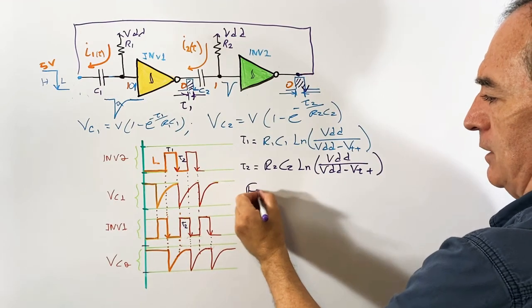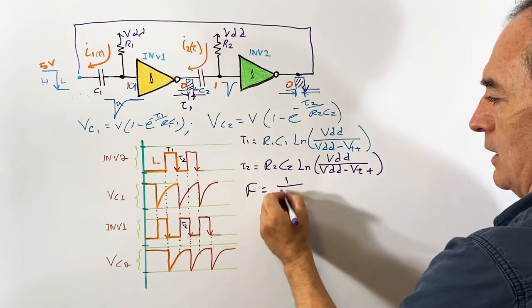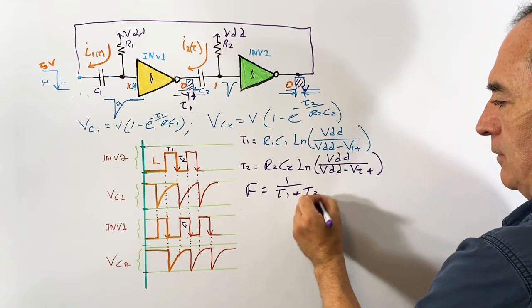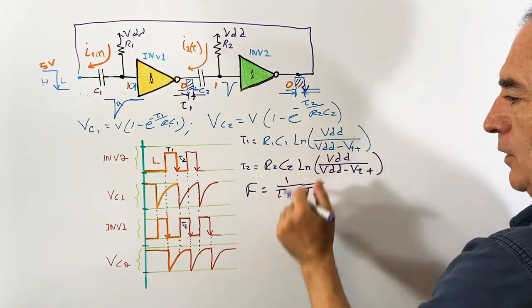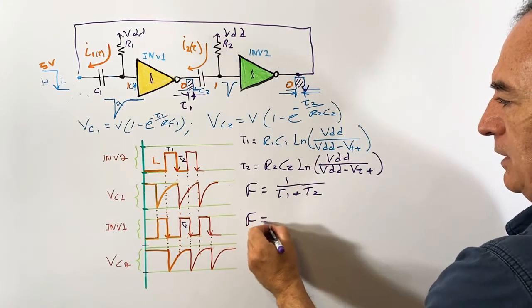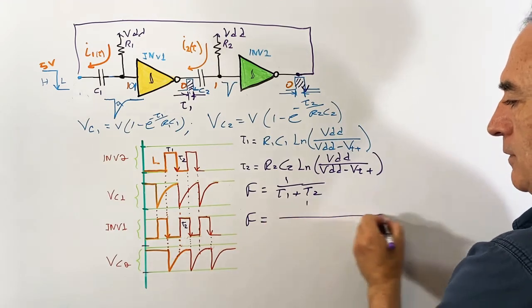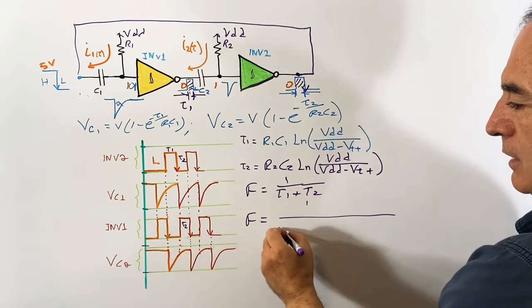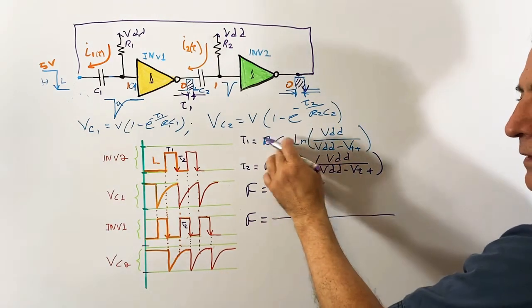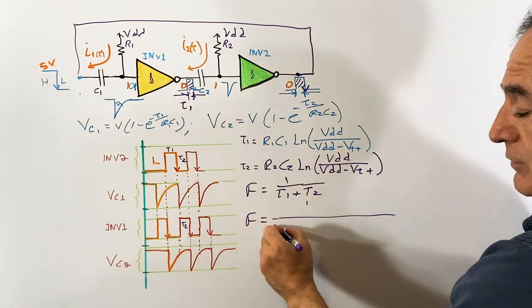So the frequency is 1 over T1 plus T2, and you know both periods, so the frequency is 1 over, and notice that you can do factorization because the resistors are different.